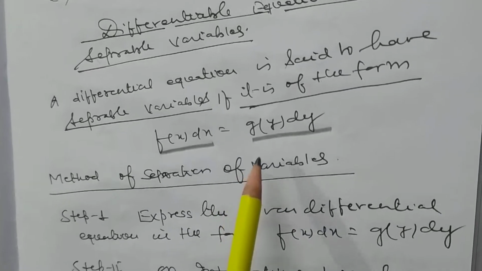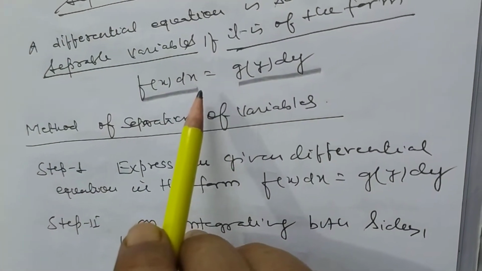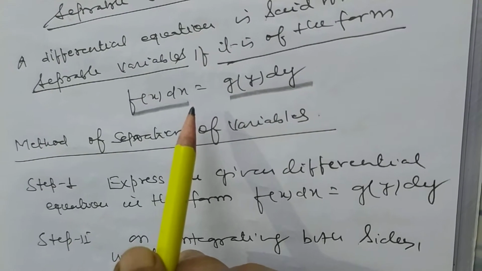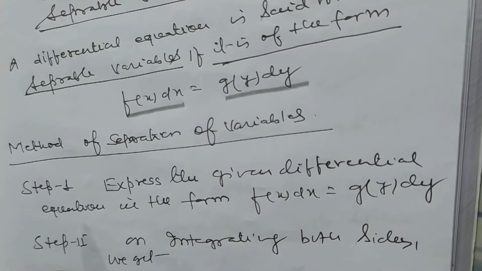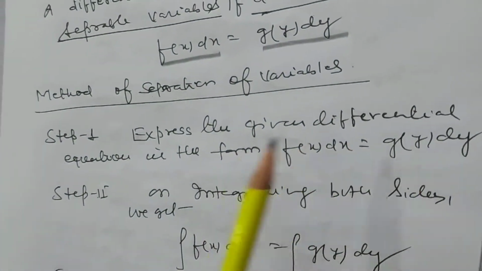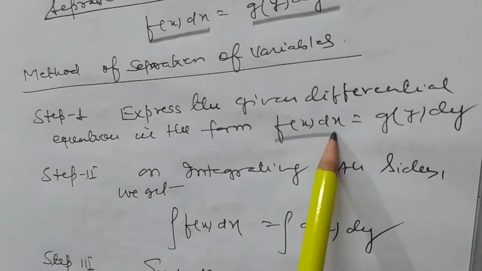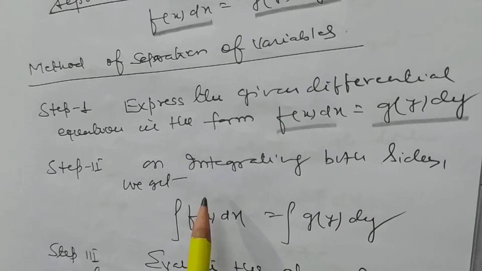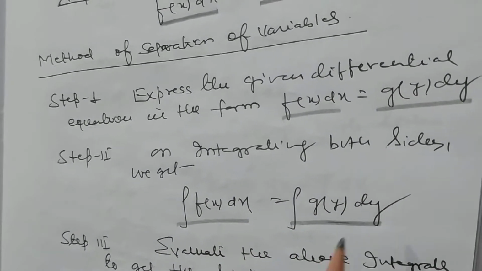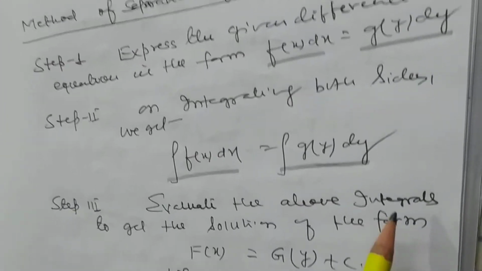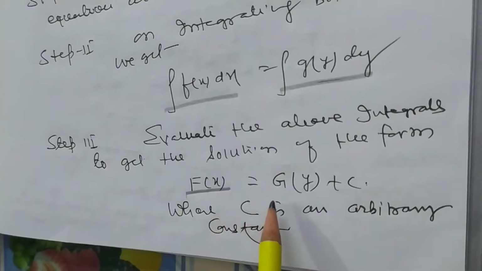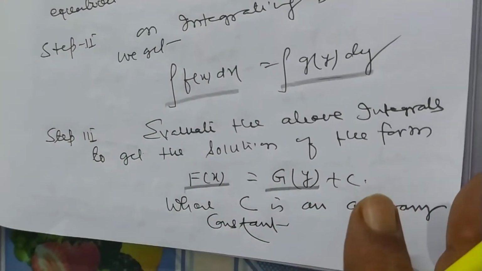If we can change the differential equation into this form, then it will be solved by the method of separation of variables. Express the given differential equation in the form f(x) dx = g(y) dy. On integrating both sides, we get the integral of f(x) dx and the integral of g(y) dy. Evaluate the above integrals to get the solution of the form f(x) = g(y) + c, where c is an arbitrary constant.